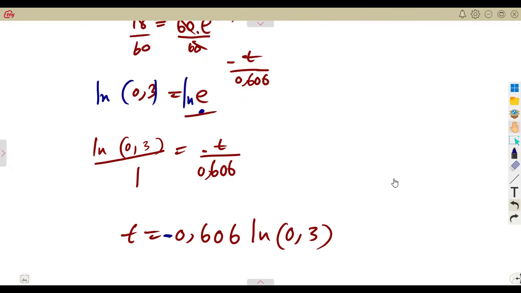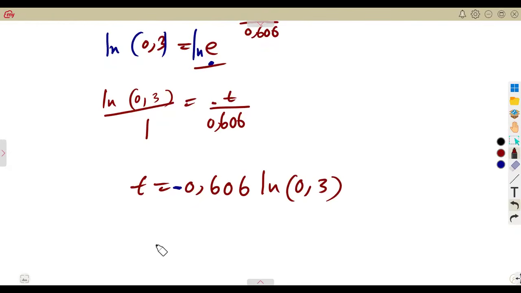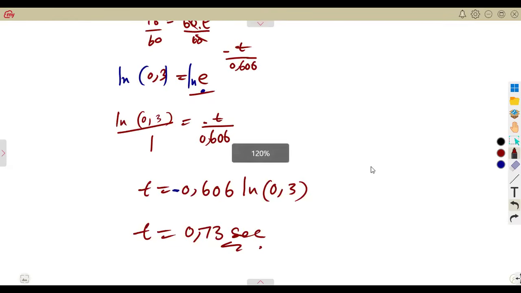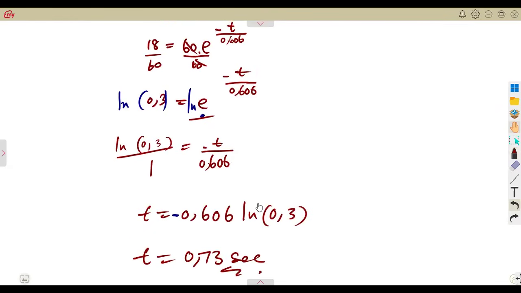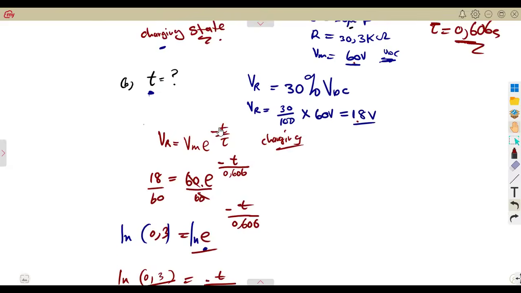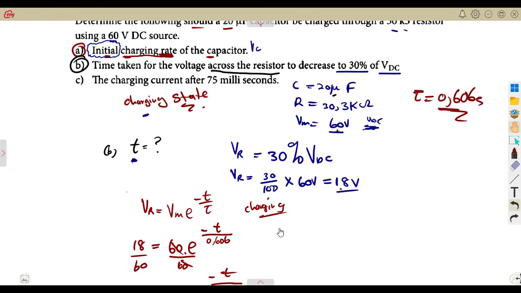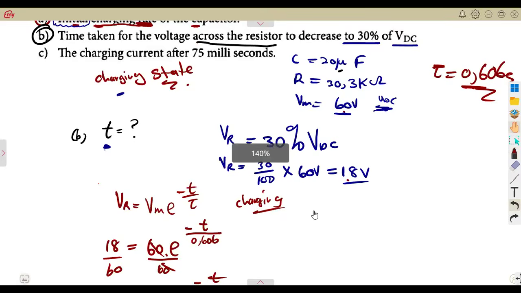So that will be the value of t. So that's it, guys. We can calculate our t from there using your calculator. Your t was going to be 0.73 seconds. The time now, you're talking about all time considered, to have our VR at 30% of what? Of VDC. All right, just like that.